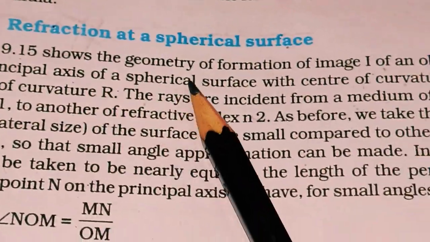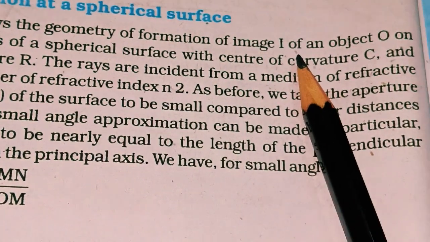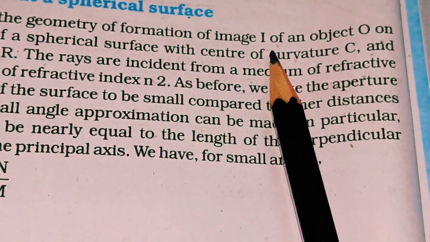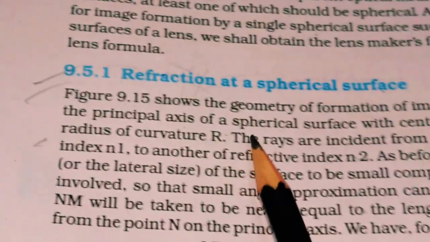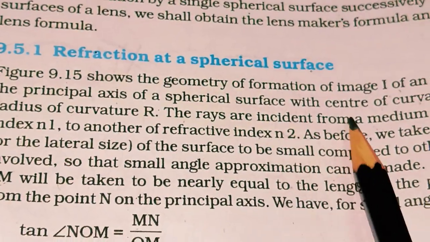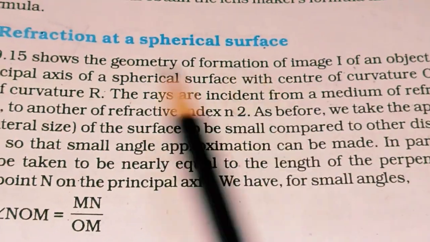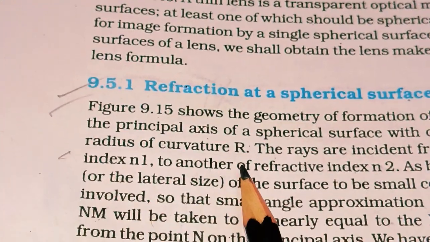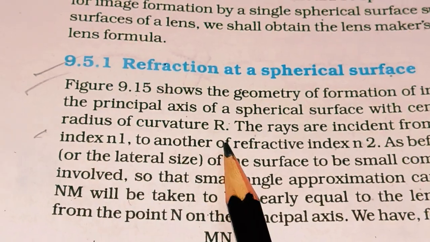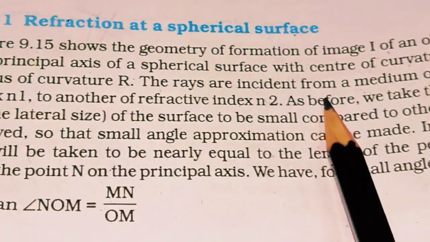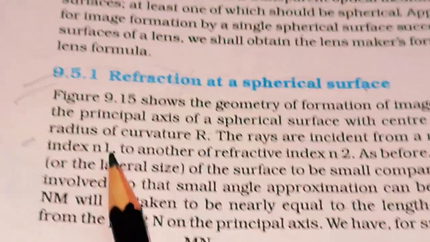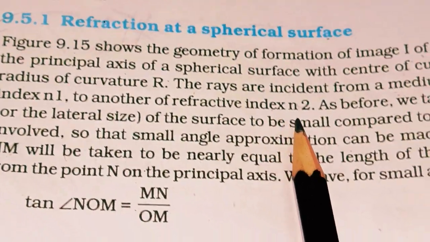It shows the geometry of the formation of the image I of an object O. The principal axis of the spherical surface has center of curvature C and radius of curvature R. The rays are incident from a medium of refractive index n1 to another of refractive index n2.